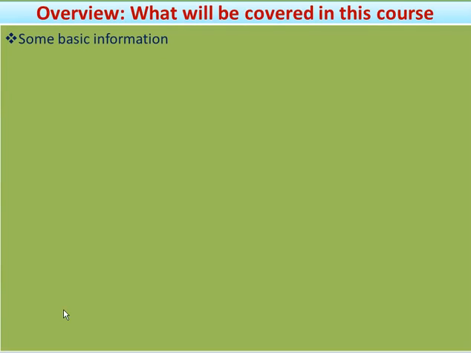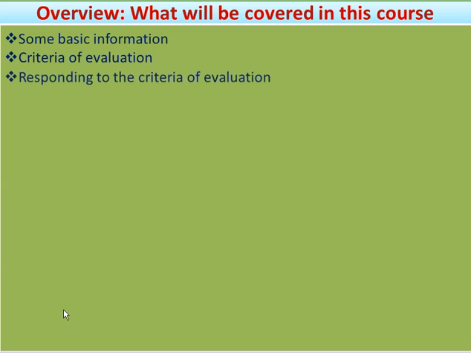I will start with some basic information that you need to know before you begin anything. Then we'll discuss the criteria of evaluation, that means how you will get the band score from the examiner. Then how to respond to those criteria of evaluation, because it's all about getting a higher band score.